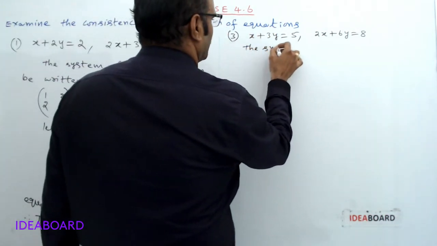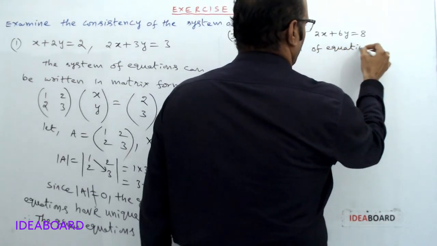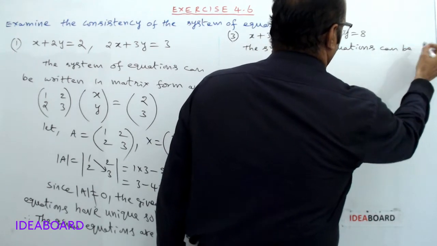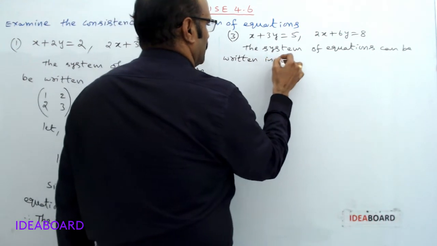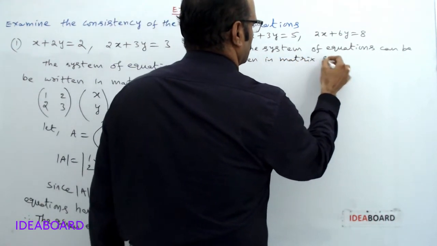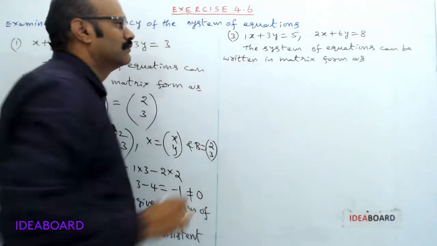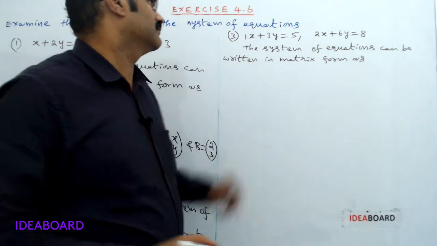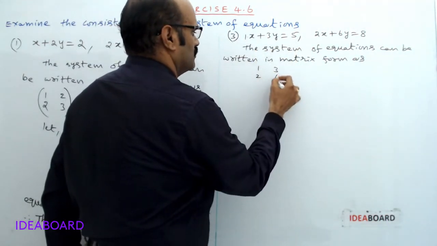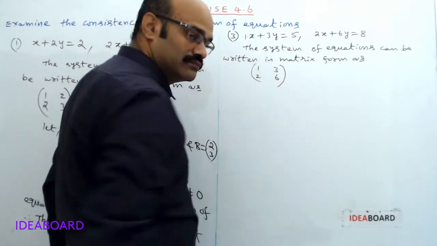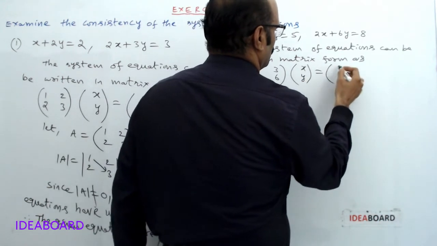The system of equations can be written in matrix form as: the coefficient matrix is 1, 3, 2, 6, into x y, equal to 5, 8.